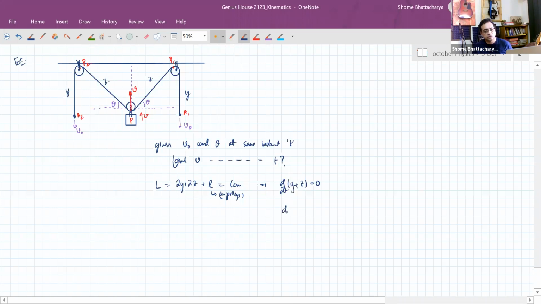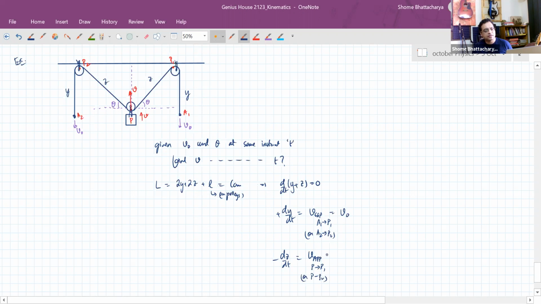Okay. So now you can see that dy by dt is actually a positive quantity, and that is equal to the separation velocity of the point A1 or A2 with respect to P1 or P2. And that is equal to my V0. Whereas dz by dt is a negative quantity, it is decreasing at the rate of approach velocity of the point P towards P1 or the point P towards P2.